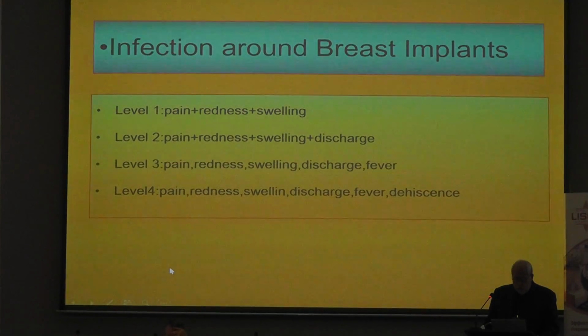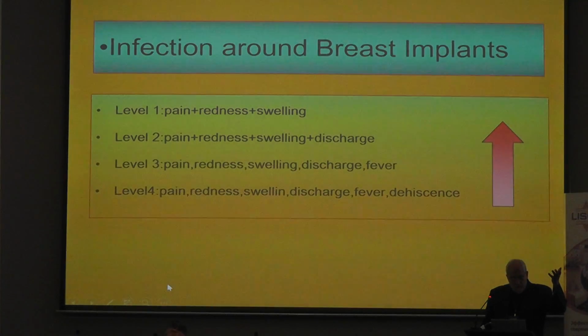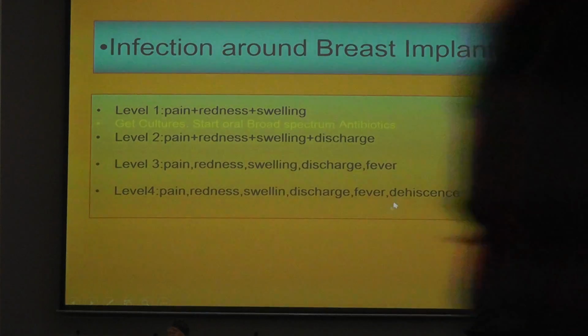What you should do is try to down-level the level of infection before you do anything. You do it by first getting cultures and then starting broad spectrum antibiotics while you're waiting for the results.